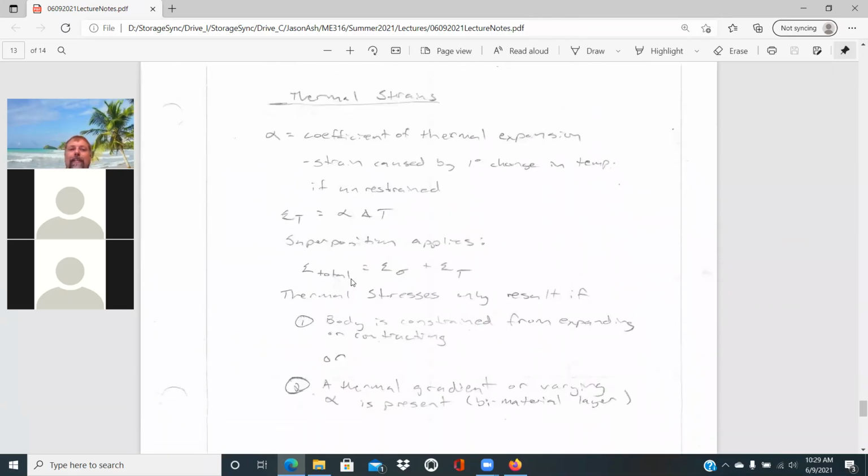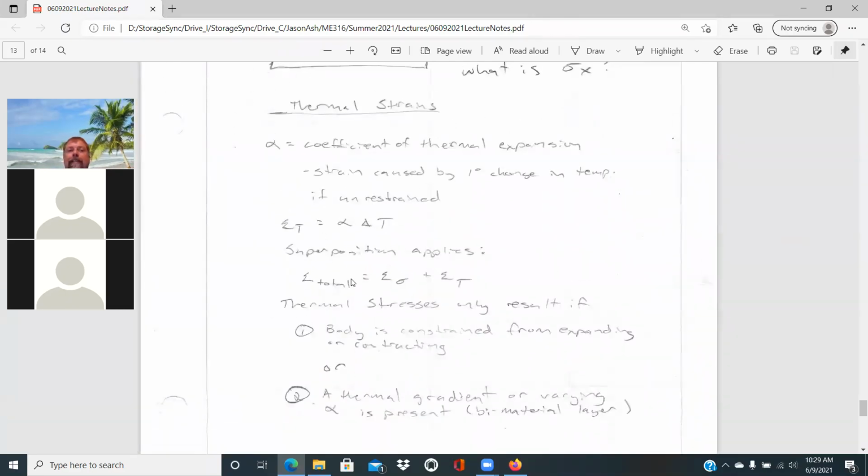The next topic is looking at thermal strains, where alpha is your coefficient of thermal expansion for the material. If you look in the back cover of your Hibbeler textbook, it has both tables set up in the English engineering system and the SI unit system of material properties for common materials, and the coefficient of thermal expansion is included within that.